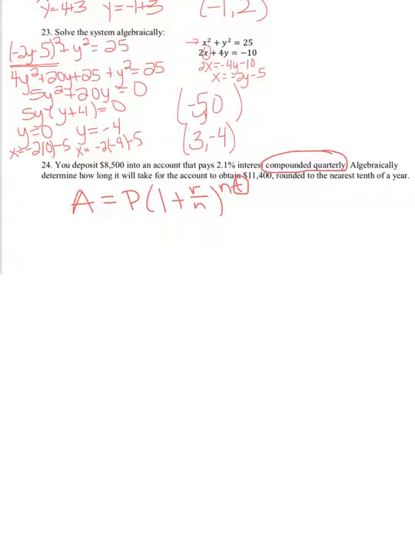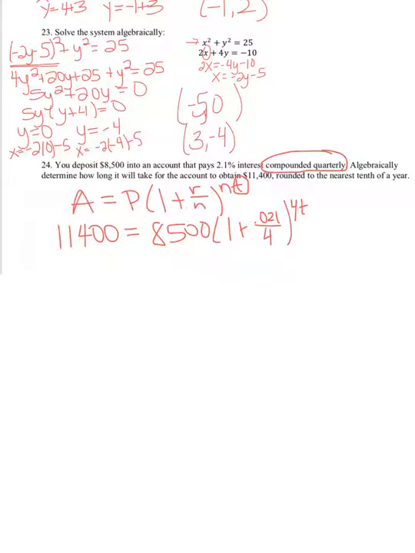So your equation that you set up is going to be A is 11,400, right? It's the final amount, equals the starting amount, how much you originally put in. And you have 1 plus R is 0.021 divided by N, which is quarterly, so it's 4, raised to the 4T.